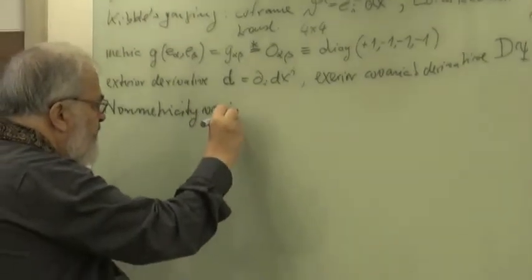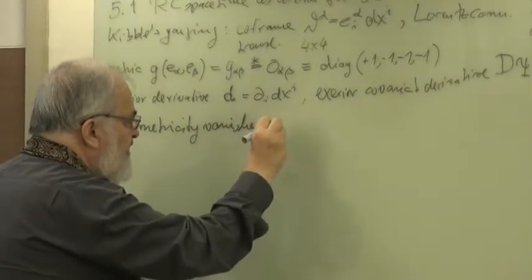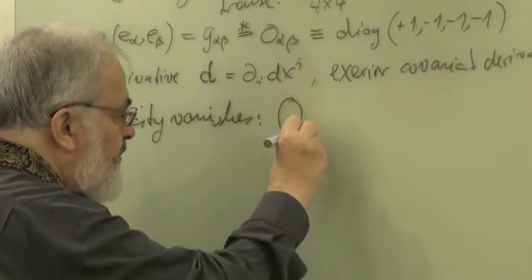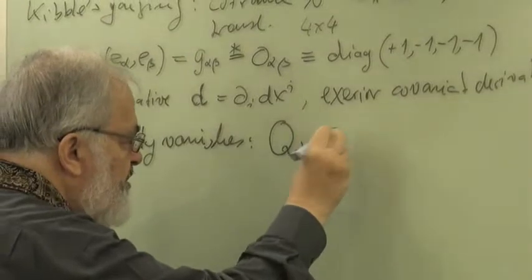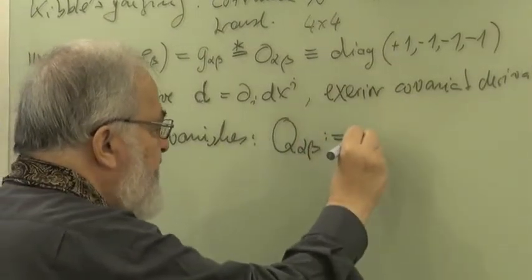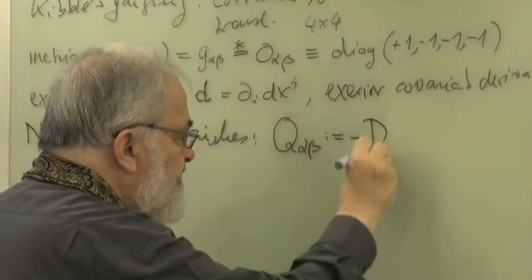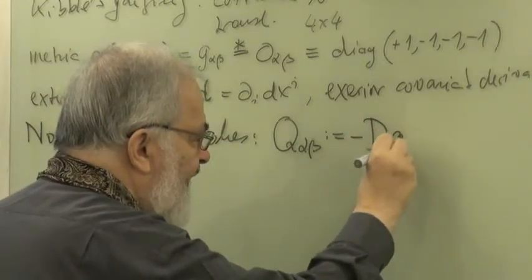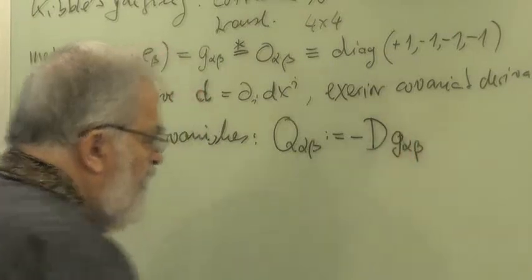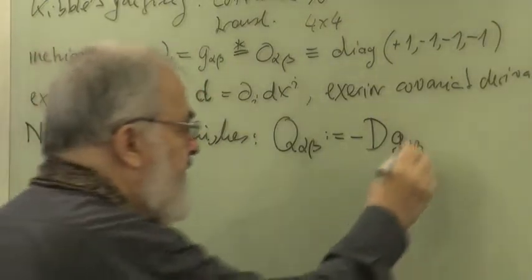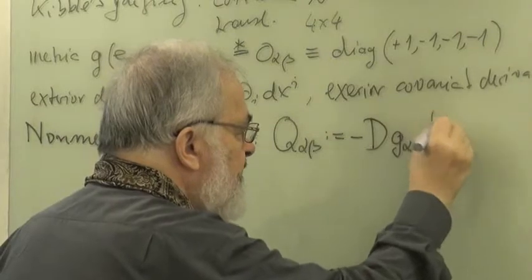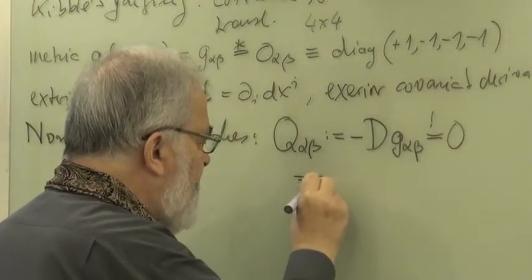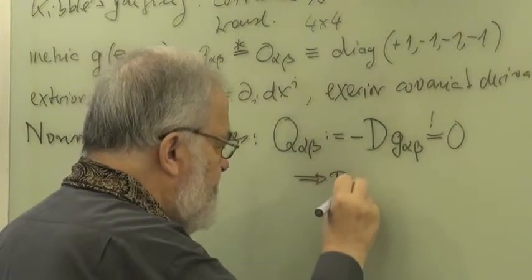This is to say that the covariant derivative of the metric, the non-metricity, is defined Q alpha beta by definition conventionally as minus the covariant exterior derivative of the metric g alpha beta, and this is equal to 0 by assumption. This is what we call a Riemann-Cartan space.